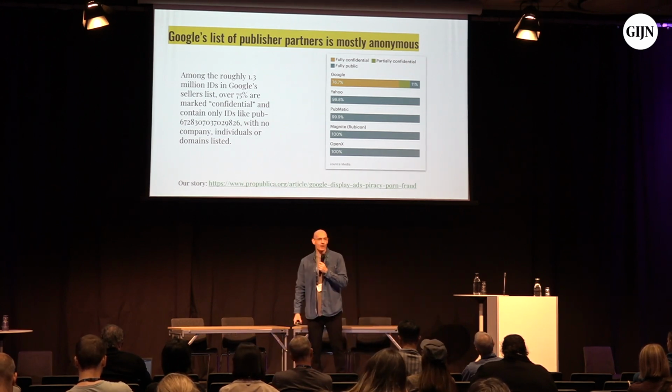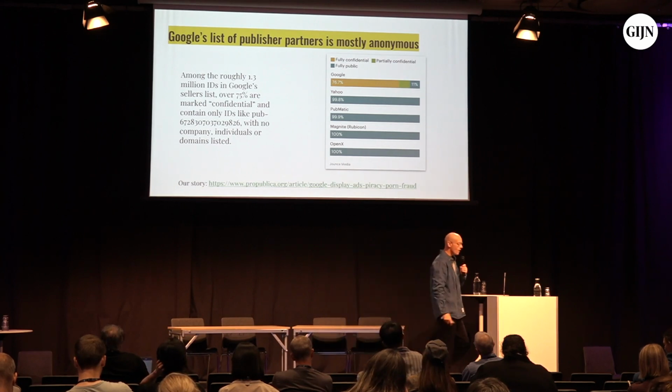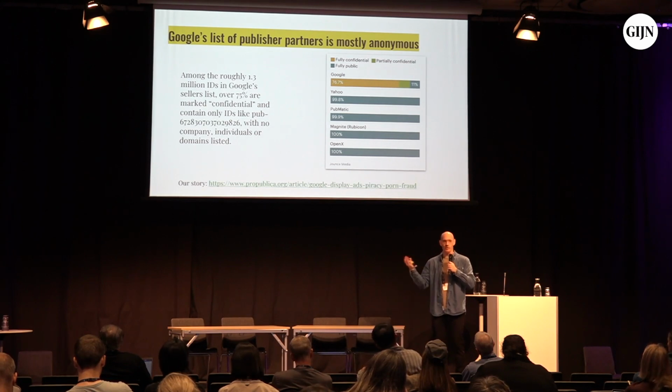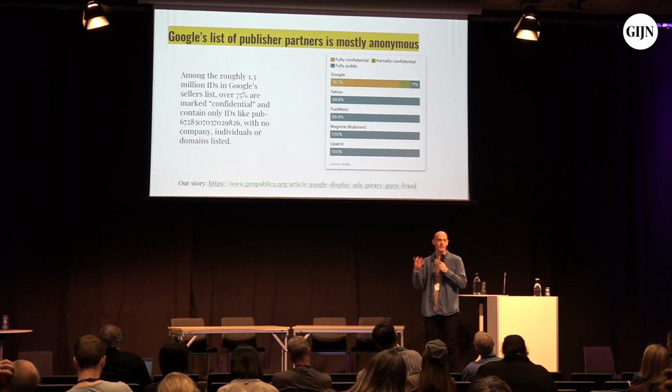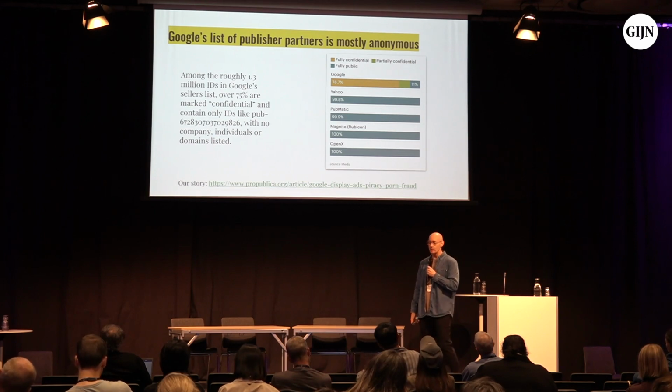He talked to us because he didn't think he was doing anything wrong. He said he was told by his partners to register a lot of Google publisher accounts, and that it didn't matter what name he put in there. So you have to check this data as well. Most people are not lying, but Google is not requiring them to disclose it, and it is not checking what has been disclosed, okay? So keep that in mind.